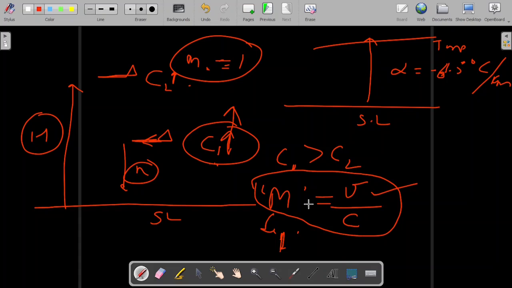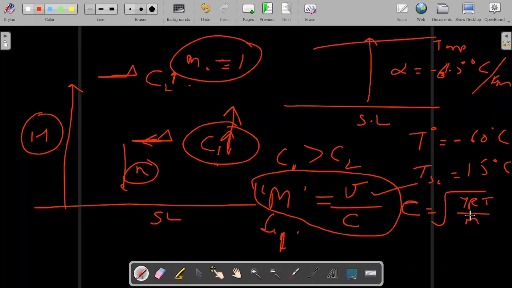I'll just give an example. When we reach the stratosphere, the temperature is minus 60 degrees centigrade, and the temperature at sea level is 15 degrees centigrade. So when we calculate using that formula which I just discussed, the speed of sound, that is under root of gamma R T upon molar mass, at sea level is 340 meters per second, if we put all the values into this.